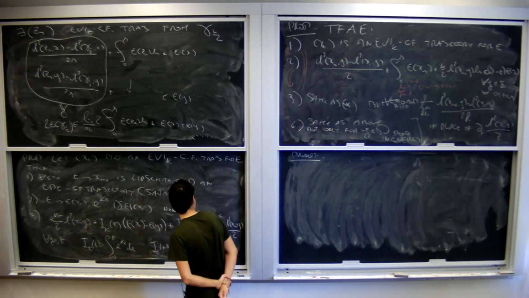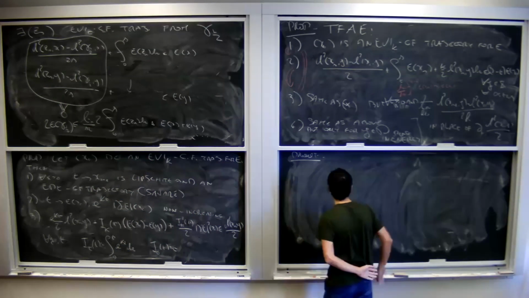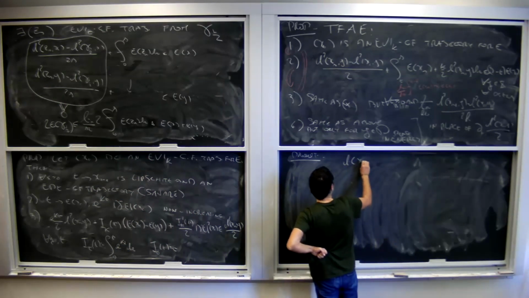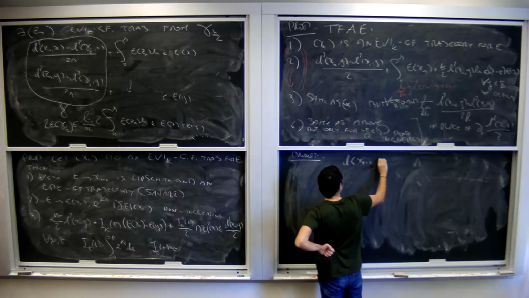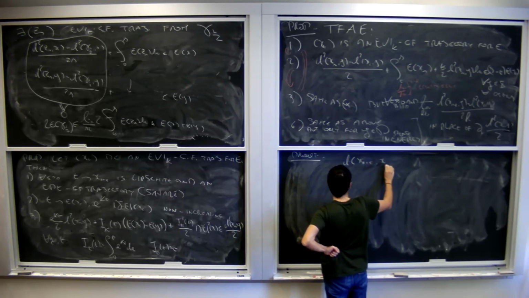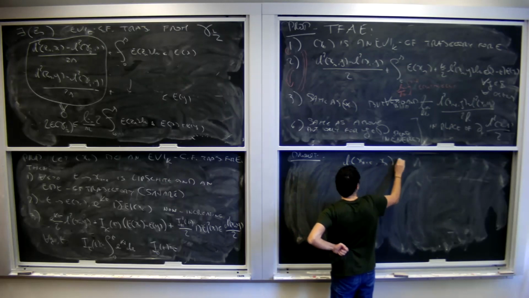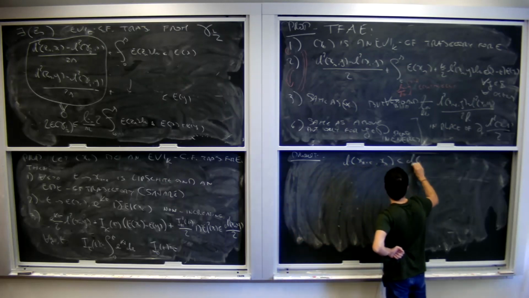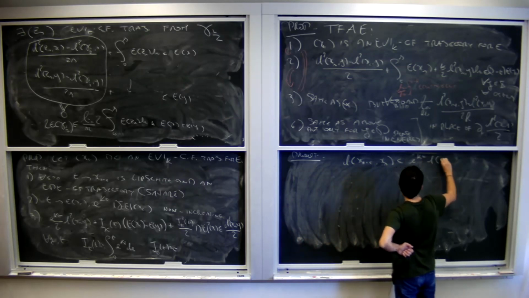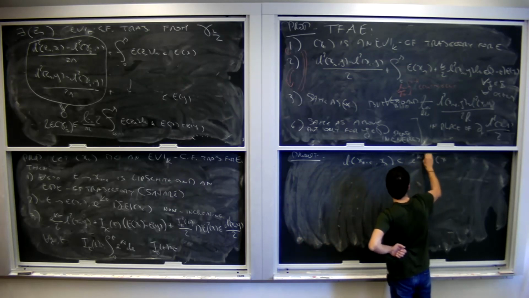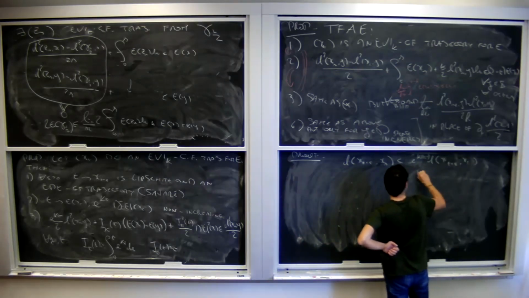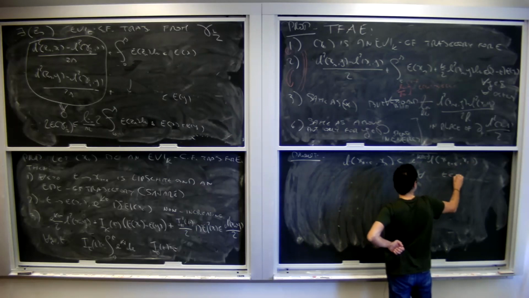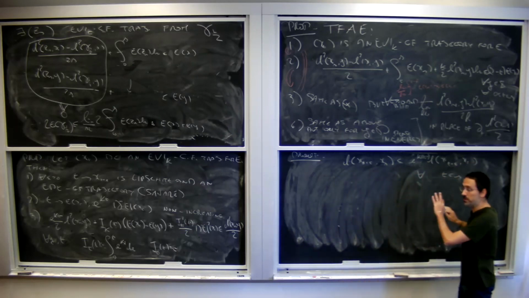Let me say, okay, so what I want to conclude is that the distance between x_{s+h} and x_s is less or equal than e^{k(s-t)} times the distance between x_{t+epsilon} and x_t, for every t less than s. Okay. What I want to say is this, right?